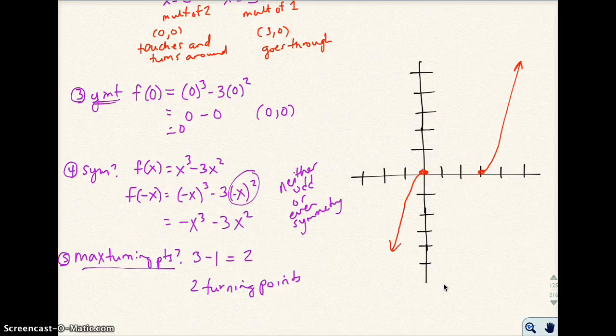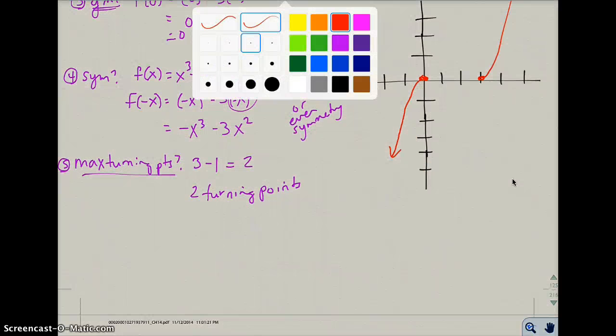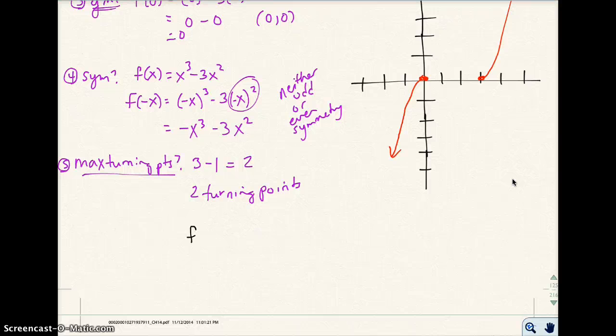I have no idea. So I'm going to try to find a point somewhere down here to give me a guide of what's going on. I'm going to find out what value of y I have when x is 1 and x is 2. So I'm going to do f of 1 and f of 2 and see what happens.